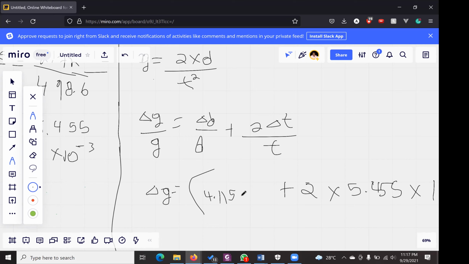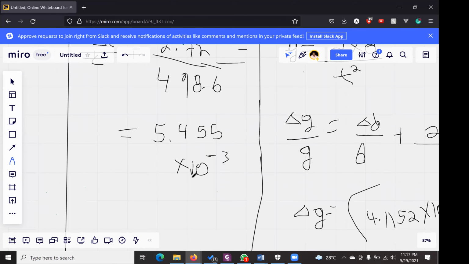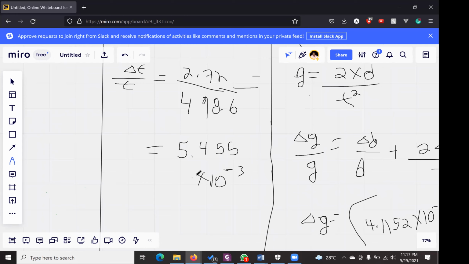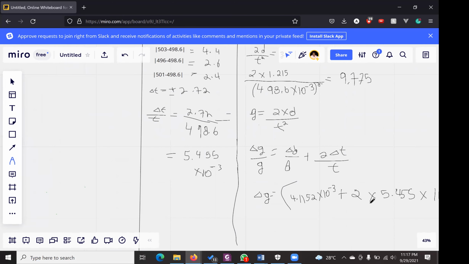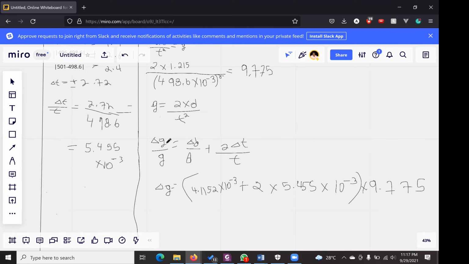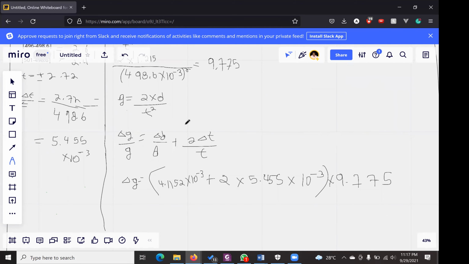Because I spent the whole time trying to change every mode on it to get the answer. This value is the actual absolute error right here. So we'll do this: delta D over D plus 2 delta T over T, all times the gravity value. Whatever you get for that will give you your absolute error.